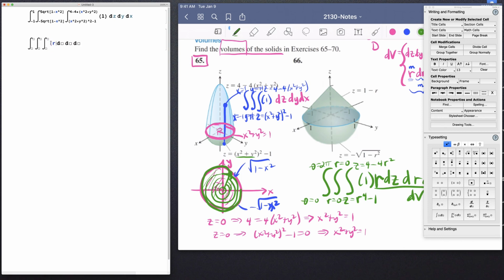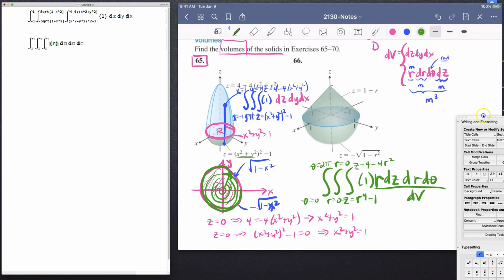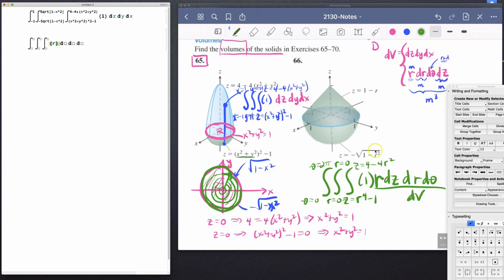In cylindrical coordinates, we would integrate r because of the fudge factor, right here. Dz would be a function of the other cylindrical coordinates, r and theta. So in this case, z goes from r to the fourth minus 1 up to 4 minus 4 times r squared.